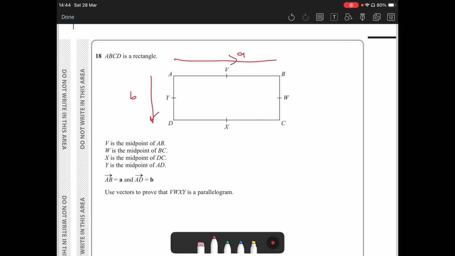Okay. We're told it's a rectangle. So look, I'm going to say prove. We've got to prove it's a parallelogram. So VXWY. Okay, right, cool. So prove this shape is a parallelogram.